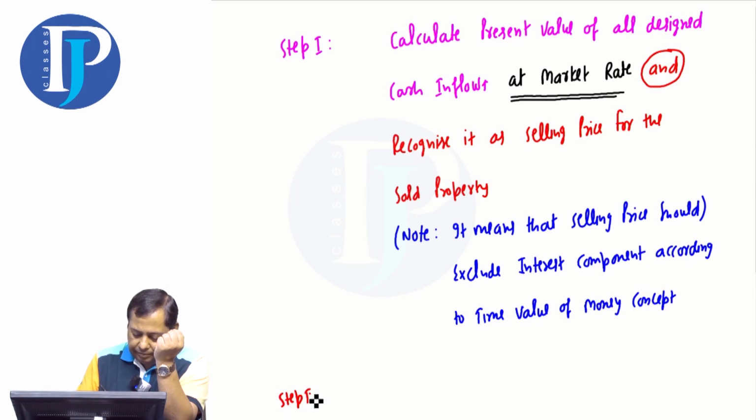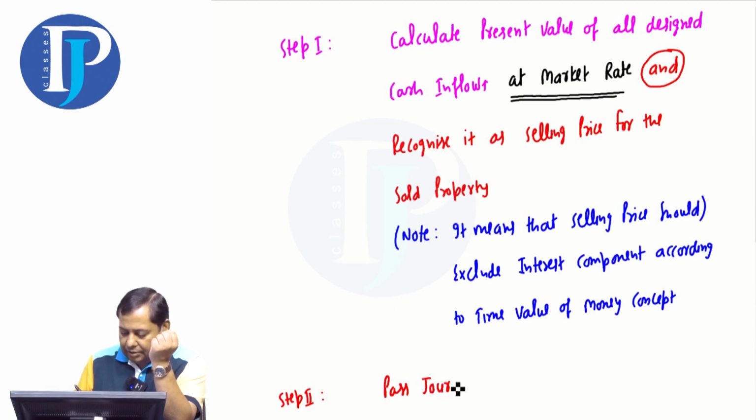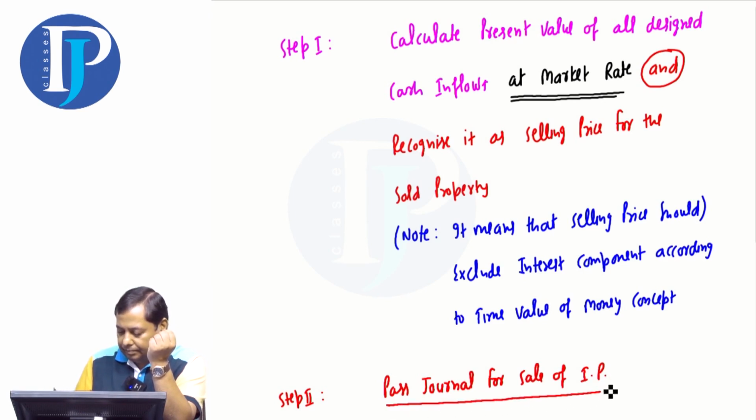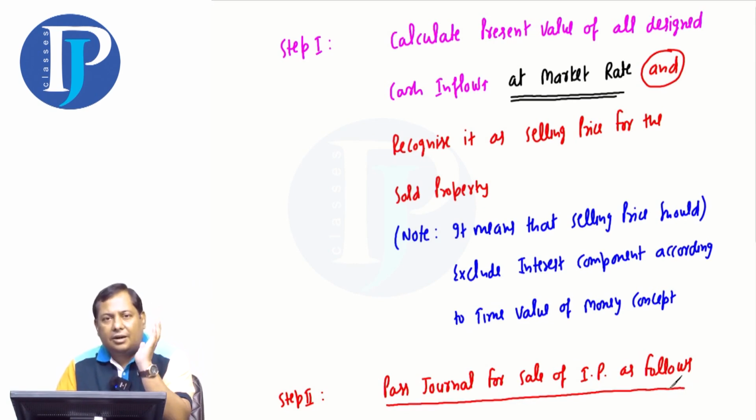The second step: pass journal entry for sale of IP. Once you know the present value, you can do the sale entry.